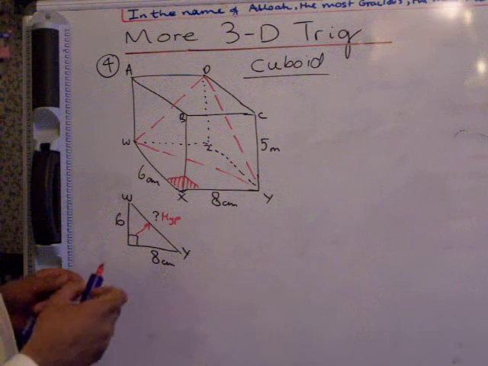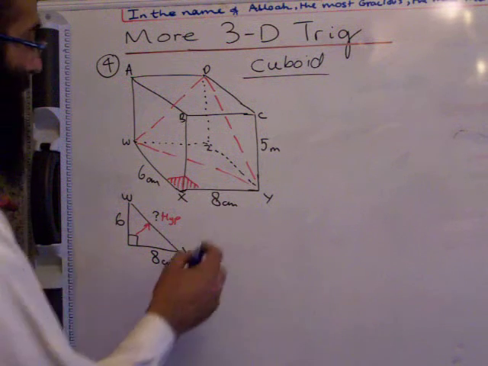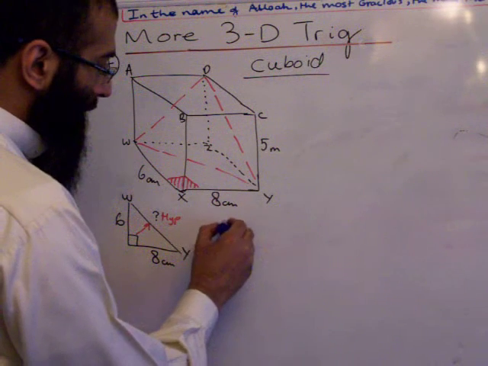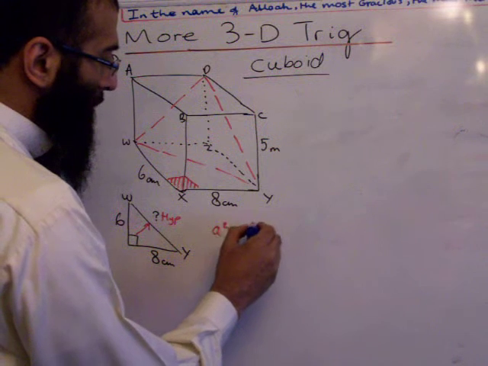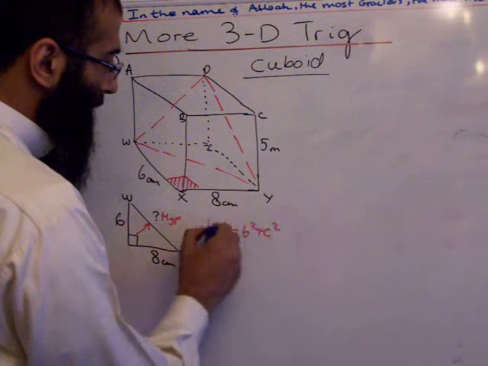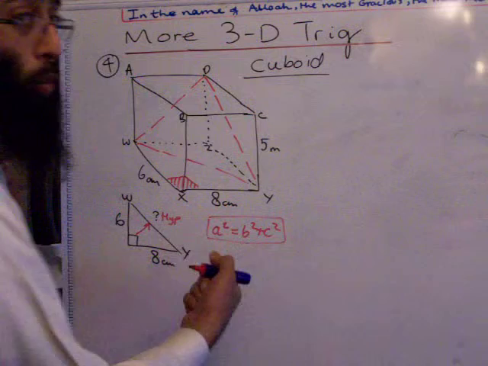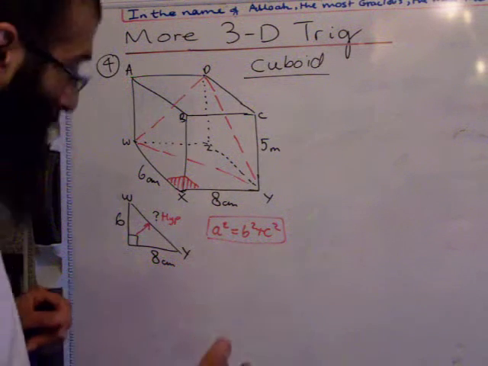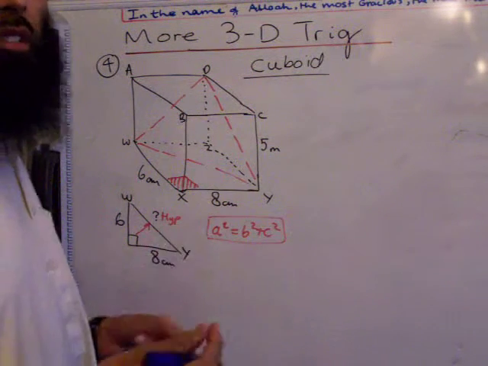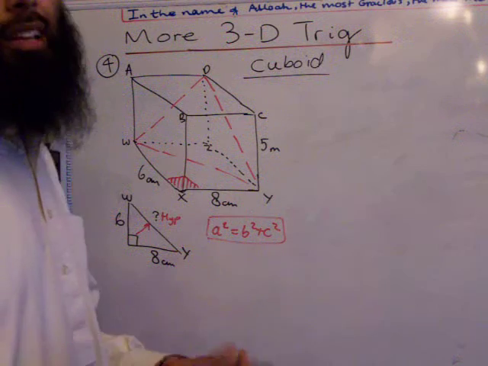Okay, now if you want to work out the hypotenuse of a right angle triangle, we use the following. We say a squared is equal to b squared plus c squared. That's just one version of the Pythagoras theorem. There's other versions that say a squared plus b squared equals c squared.